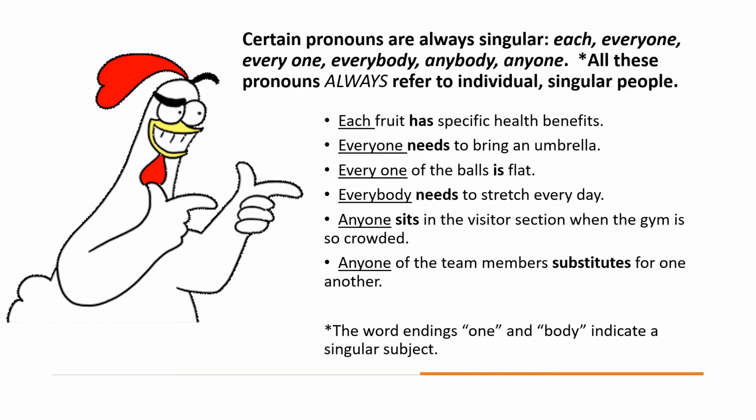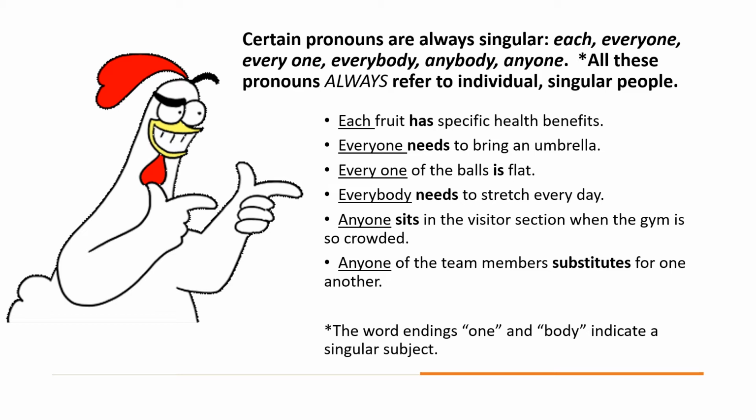Pay attention in that one, guys, because what is the subject there? Anyone. Very good. Don't let that phrase trip you up, that prepositional phrase, of the team members. So don't think that you need to make your verb agree with members, which is plural. You need to make it agree with the subject.